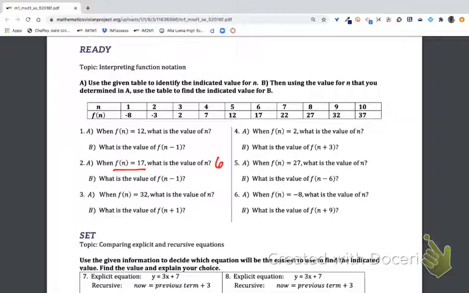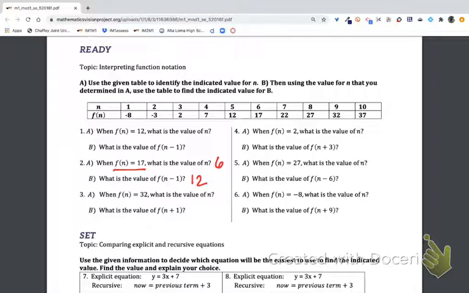And the value of f of n minus 1. So instead of 6 minutes, we're going to go back 1 minute and see how many dots there are at 5 minutes. Well, in this case, there are 12. That's all we're doing here.